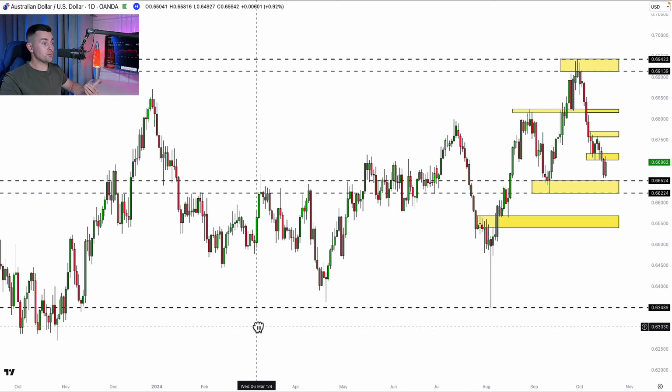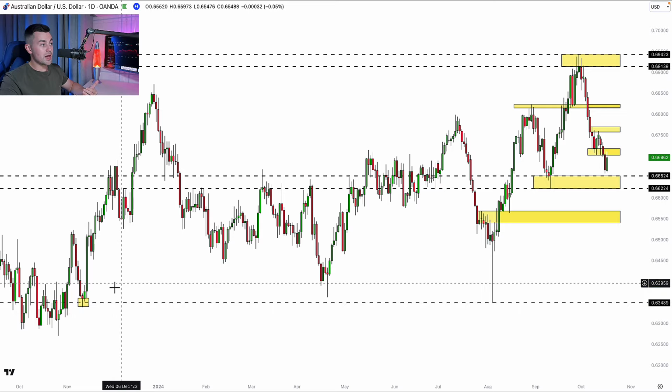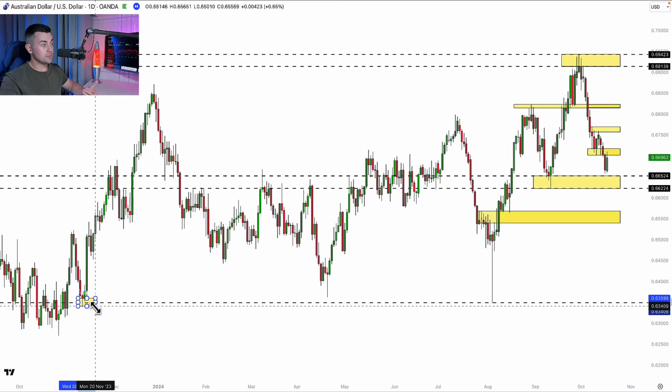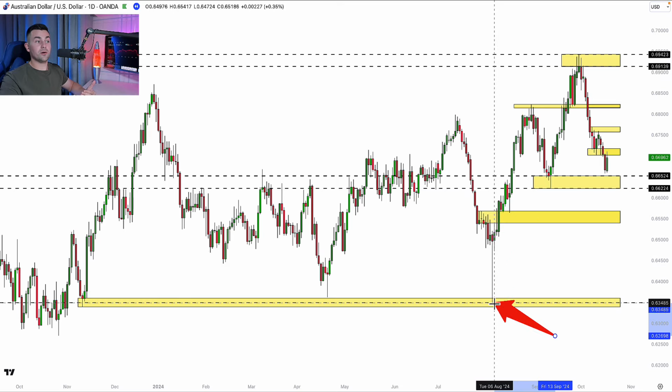If we analyze the historic price action, we can also spot that right here the market respected that support, and you can see that here in the past from that area we saw a significant price movement. So our support zone will be based on the price action right here. You can see that with this wick the market simply respected that historic support one more time.